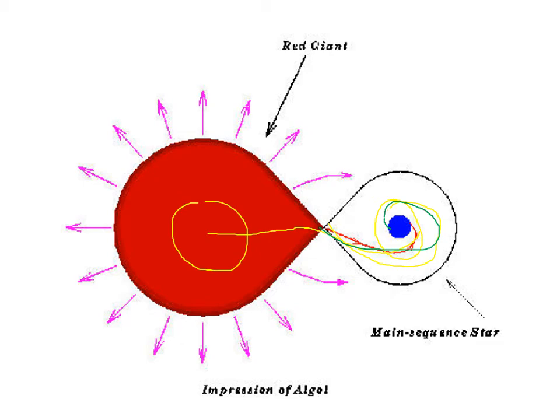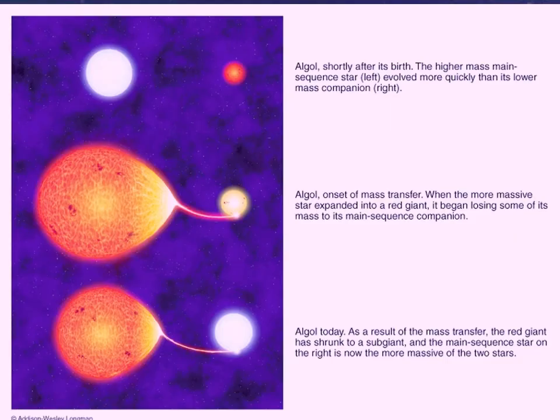What probably happened with Algol is that after they formed, we had probably a high mass star and a low mass star. As the high mass star lived quickly and died, it expanded, filled its Roche lobe, and mass started pulling off.